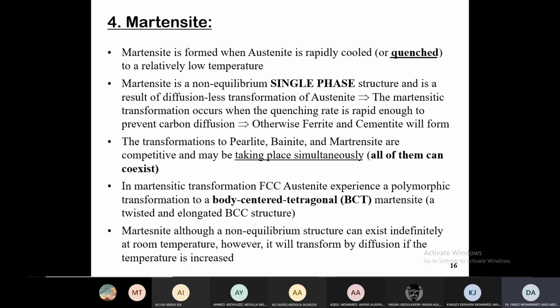We said the mechanism of the transformation is that the FCC crystal structure has a large amount of carbon content in it.